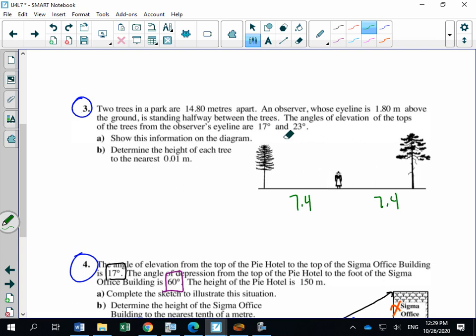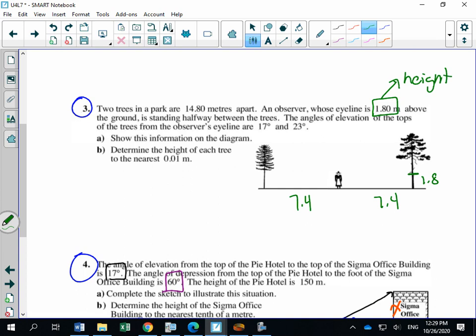How tall is she? 1.8 meters. So here's what I do with her height. I'm going to put this piece of the tree is 1.8 meters. So this is her height. Even though it says it's her eye line, you just say that's her height.